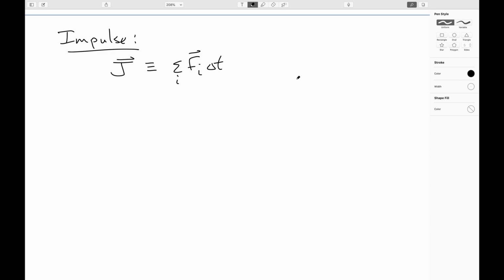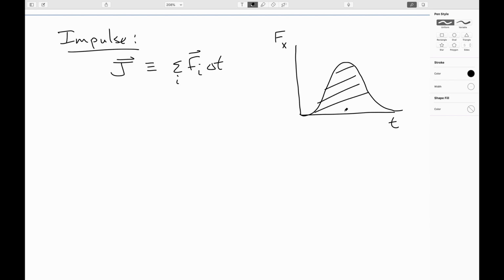But anyway, let's say we wanted to find the x component of the impulse being exerted on something. What you would need to do is make a plot of the x component of the force being applied onto something as a function of time. Let's say it looks something like this. The impulse is equal to the area under the curve.